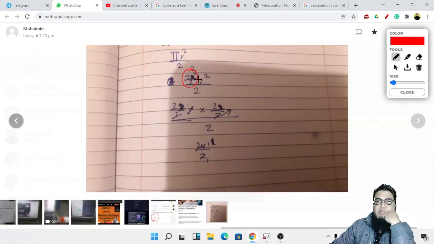22 by 7 into 7 square. Here you understand that 7 square is happening. Now here you have done 22 by 7, then you have written 7. See, when you will not do it neat and clean, you are not going to understand yourself also what you are doing. And again you have multiplied 22 into 7. Why 2 times? Why you have multiplied 22 by 7 2 times?